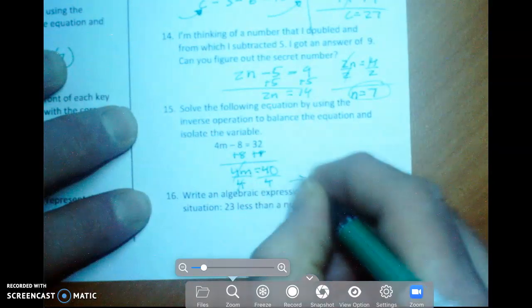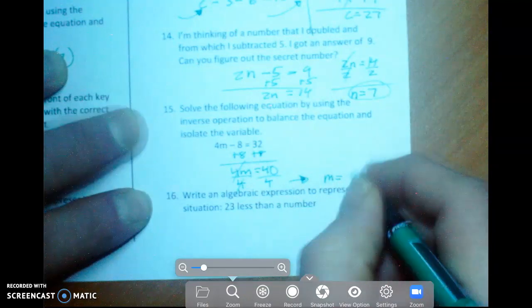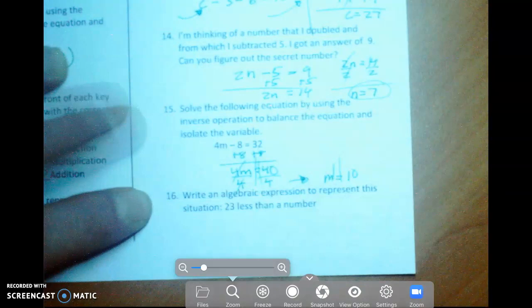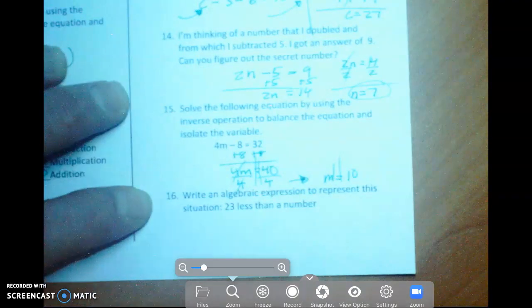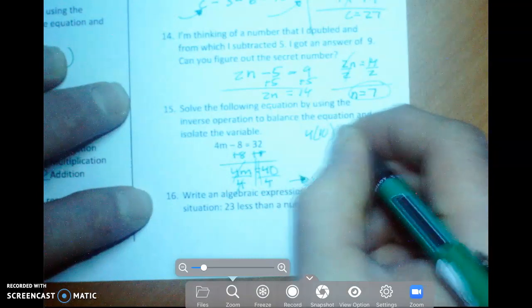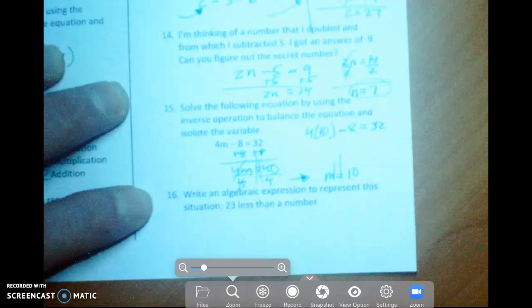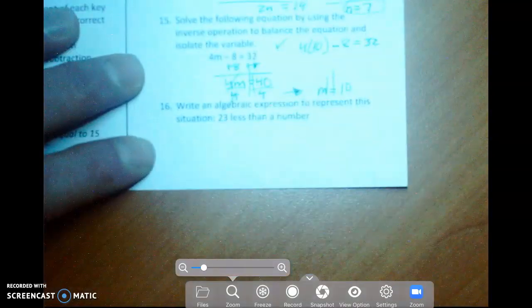Just move this over here. And we're going to have m equals 10 left. Sorry, I have to put my railroad tracks in there. M is equal to 10. Let's just try it. 4 times 10 would be 40 minus 8 is 32. Yep, there's my check.